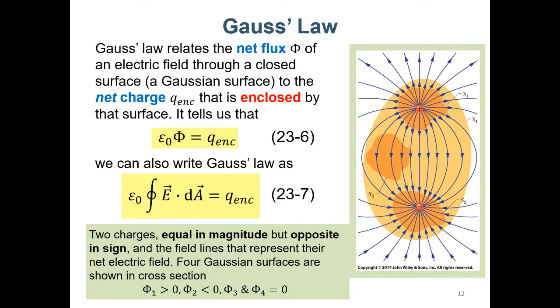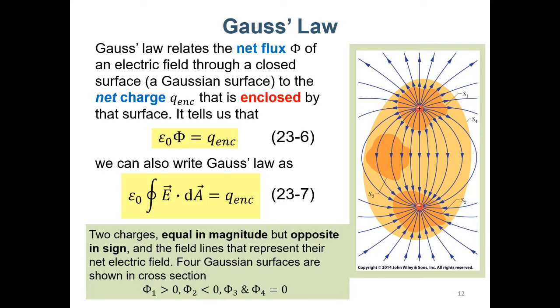We considered all the charge enclosed by the surface S4. So in this case, the total charge enclosed by S4 is still 0. So it tells you that the net flux over S4 is also 0, although you can see this line is going inside.